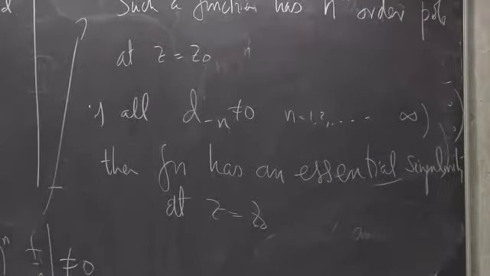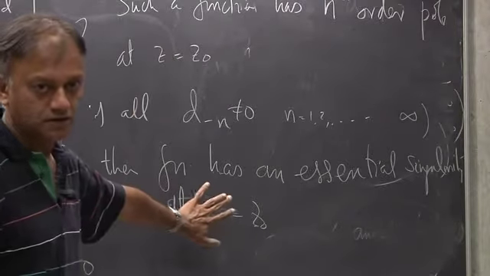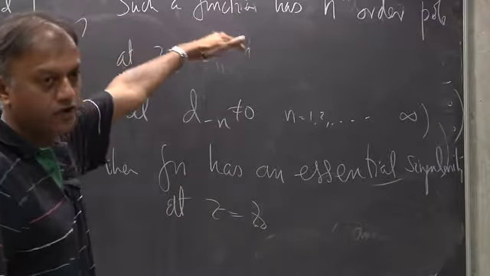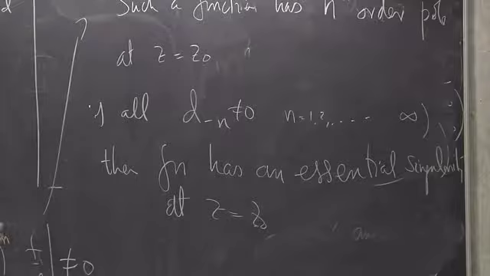It's a very bad singularity. In fact, in this entire course, we are not going to talk about essential singularity at all. We will be only talking about nth order pole, which means there is a finite value up to which d minus n is not 0. Beyond that, it's all 0.